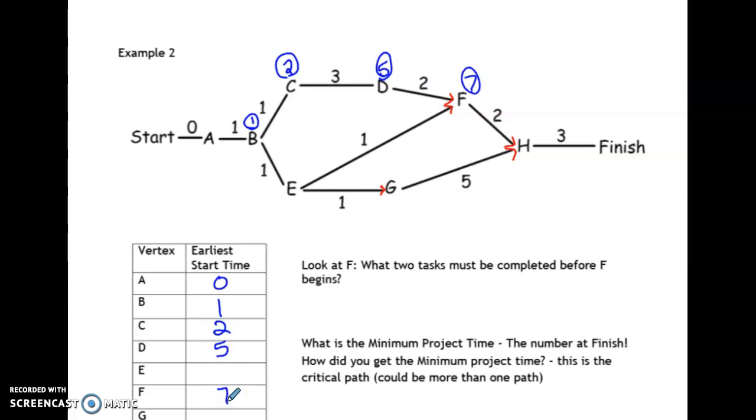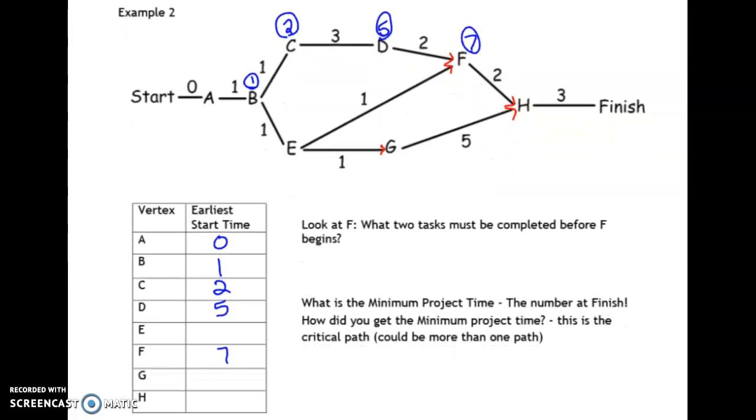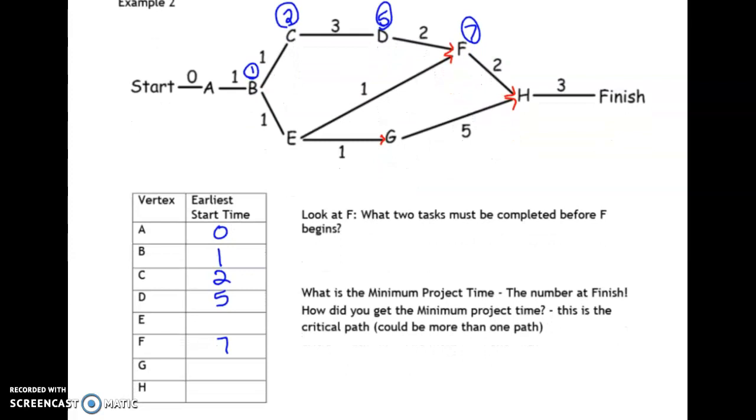Then F is to develop that film. It's going to take 2 days to develop the film. So if we jump down to H, before I can print and mail the pages, I need to have developed the film. And so that's going to take 9 days at least.